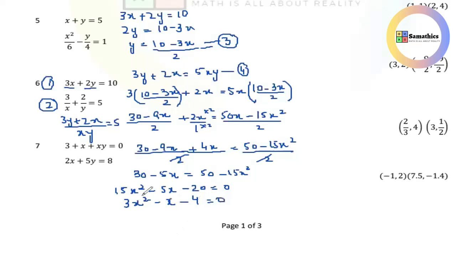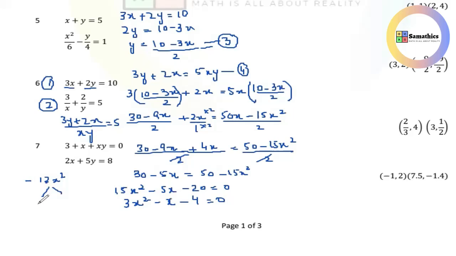So we have here, when we do middle term breaking, it would be 12x squared, and you multiply 3x squared by minus 4, it will be minus 12x squared.